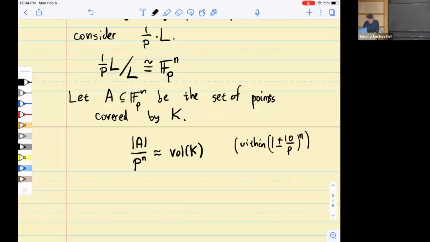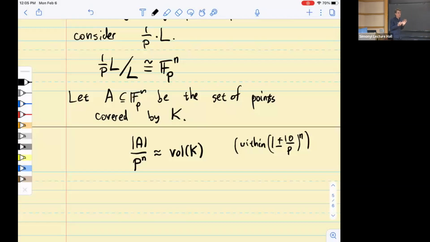Again, I'm not going to show the proof, but it's totally elementary. The idea is that any point in K you can associate to a point in the fine grid and you just do the volume calculation. But again, this heavily relies on that covering property that this body K covers reasonably well. So all I have to add is a tiny dilate, like 1 over P of K, and that doesn't really move things by much.